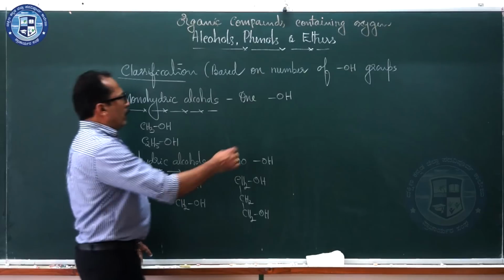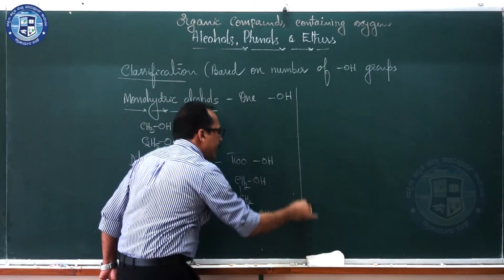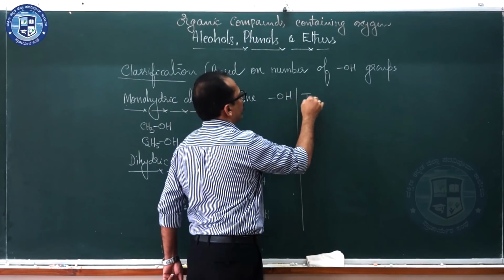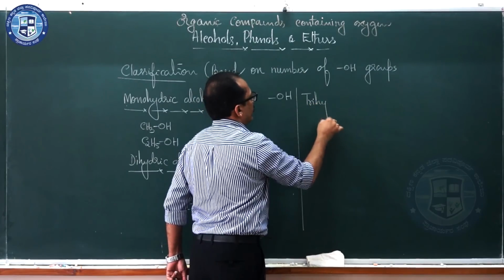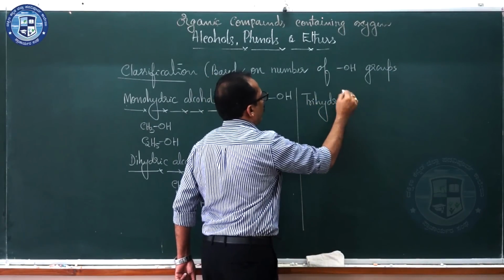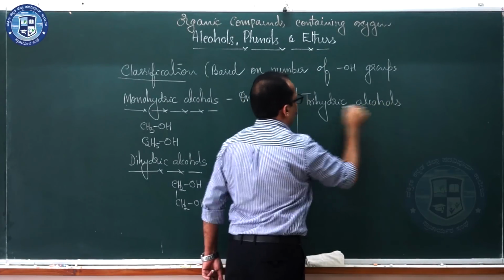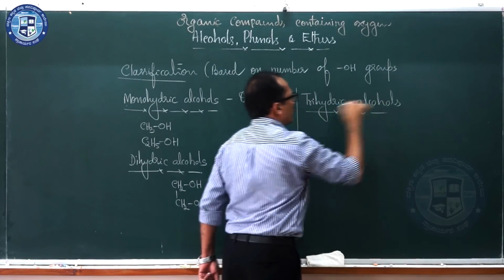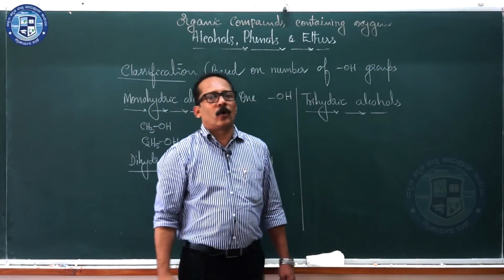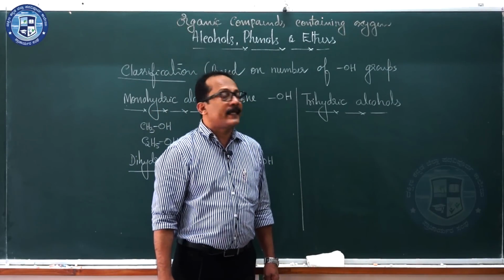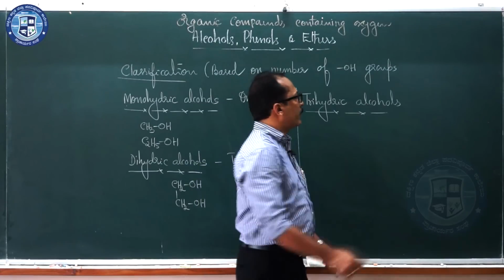Now, next one is trihydric alcohols. These are the alcohols which contain 3 OH groups in their molecule.